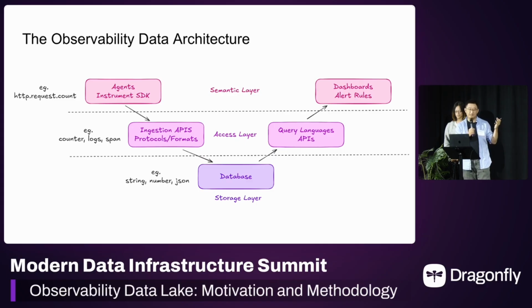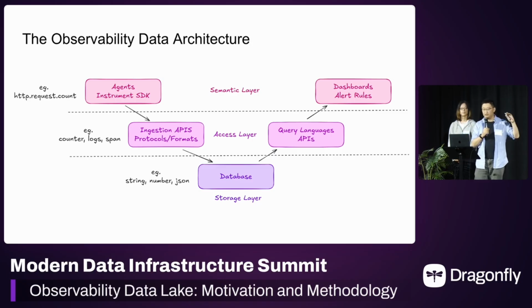Once the data is collected, it's encoded in some standard formats and goes all the way down to the database. The right wing of this V letter is the data application path. Typically, it's a dashboard or some alert notification system. It uses some standard query language or APIs to retrieve the data from the database.